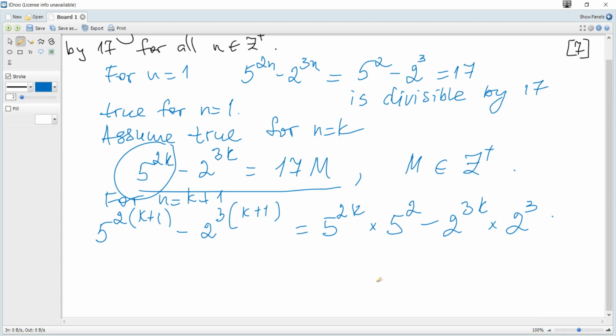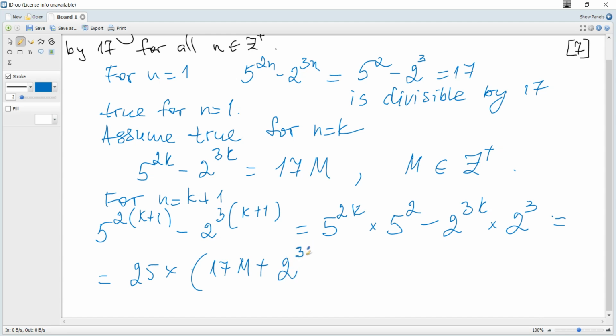So it becomes 5 to the power of 2k, or actually it's multiplied by 5 squared, so 5 squared is 25 multiplied by 5 to the power of 2k. From this it becomes what? 17m plus 2 to the power of 3k, and then minus 2 to the power 3k multiplied by 8.